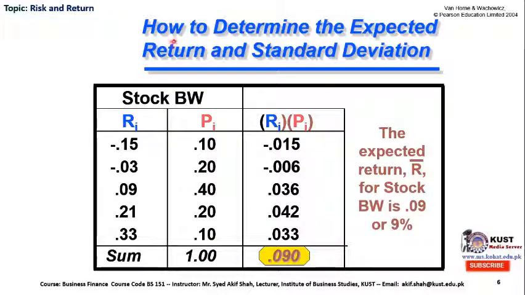As we explained in the previous slide and in my previous lecture, we discussed in detail the calculation of the expected return, which was 9% in our case. The data came up with 9% expected return if the investor invests his money in the stock of Basket Wonder.